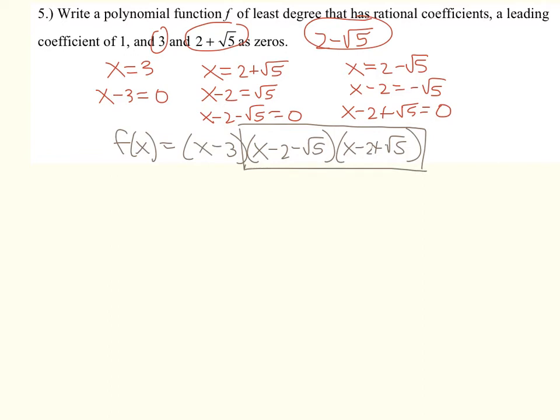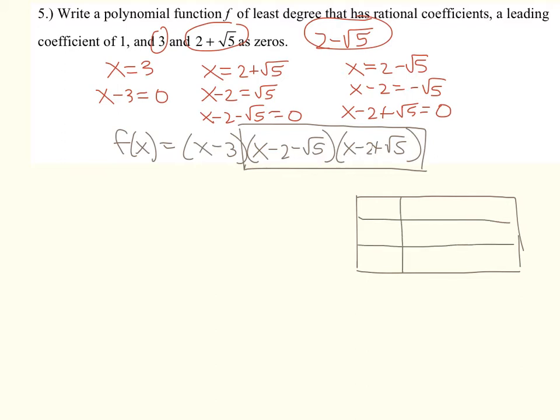So I'm going to use the box method because you always have the option, you can use distributive property or the box method. I think with the square roots, it might be nice to visually see it in the box. Okay, so I've got x minus 2 minus square root of 5, x minus 2 plus square root of 5.